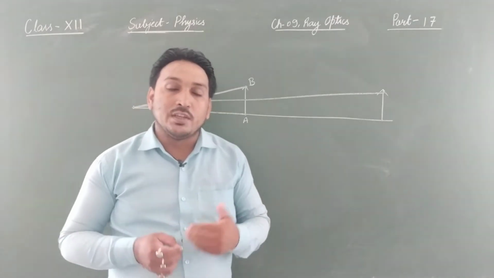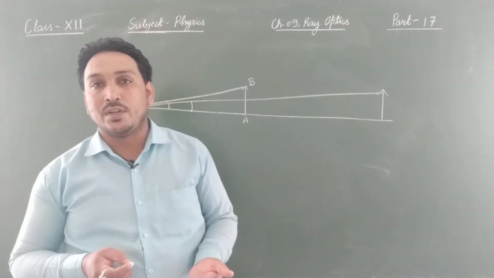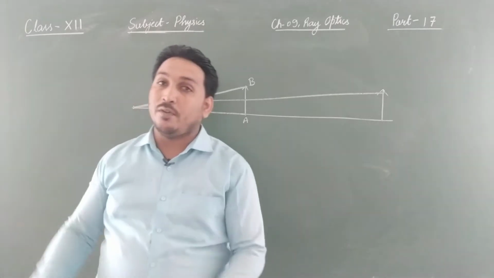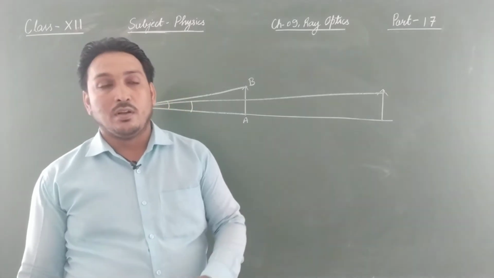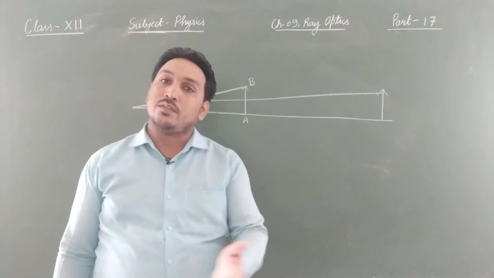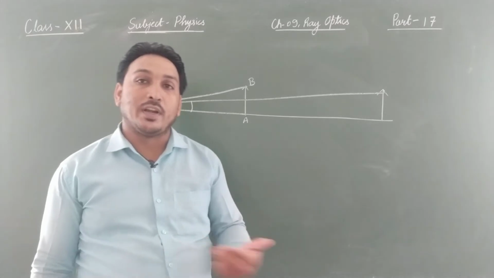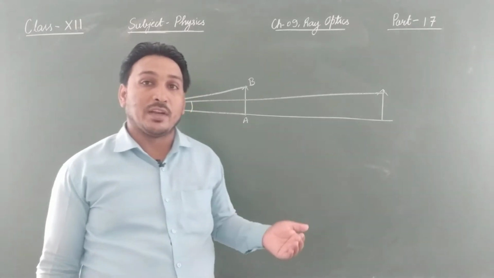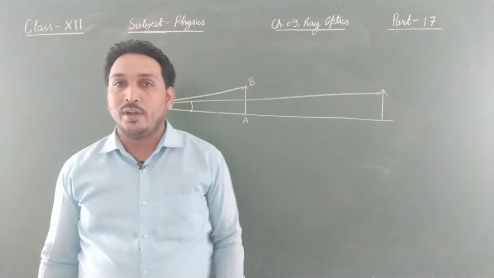So basically telescope provides angular magnification. It does not provide linear magnification as was provided by the microscope. In case of the compound microscope and the simple microscope also, they were providing linear magnification. But here we have angular magnification, we don't have linear magnification.